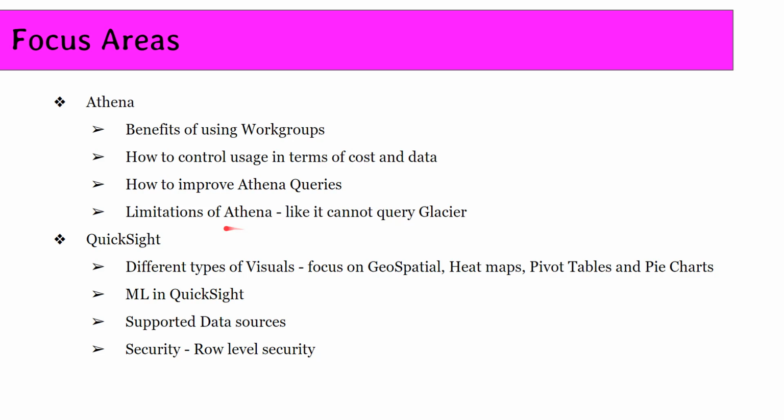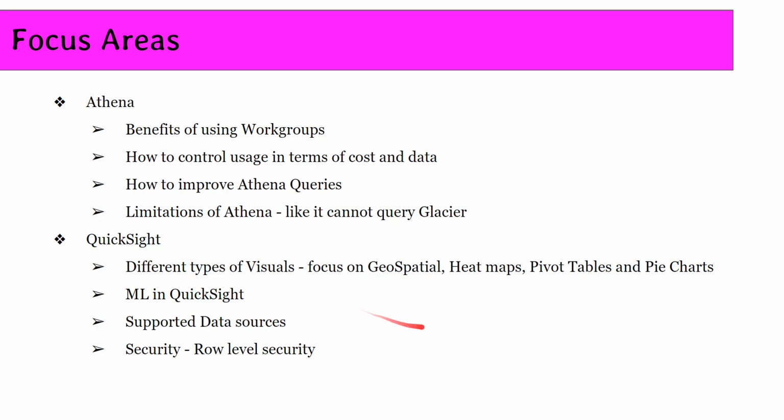Then you should also cover the limitations of Athena, because you may get a question where you have to choose between two services like Athena and Redshift Spectrum. So you should be aware in which cases Athena is not a good option. For example, if you have data in Glacier and you want to do some analytics on that data, how will you do that?